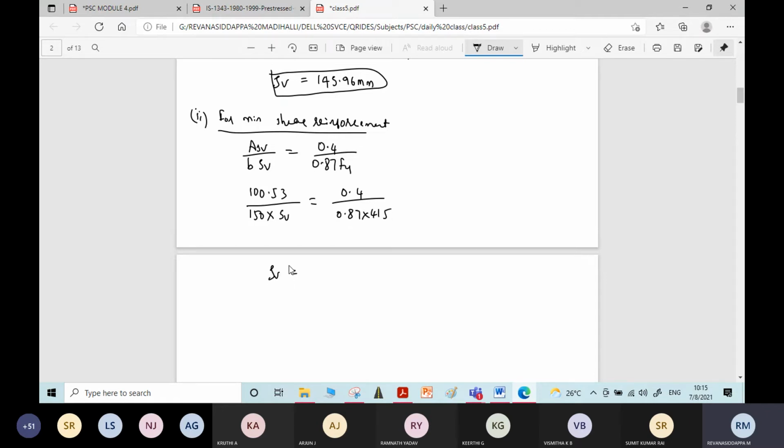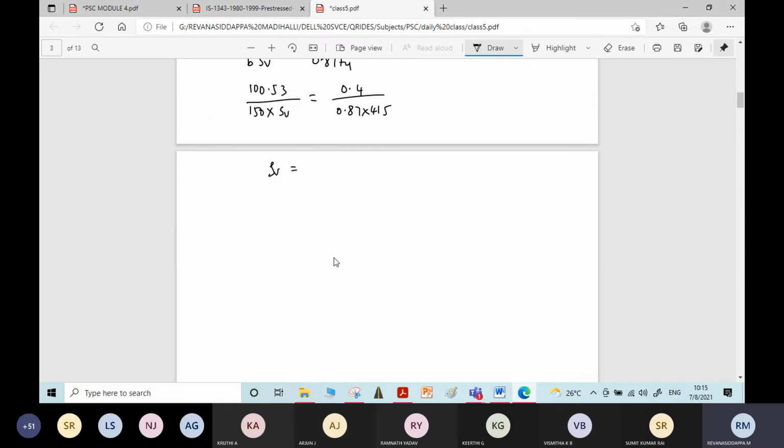Tell me by this calculation. 604.9. Yes. 604.9 means we can take 605 mm.